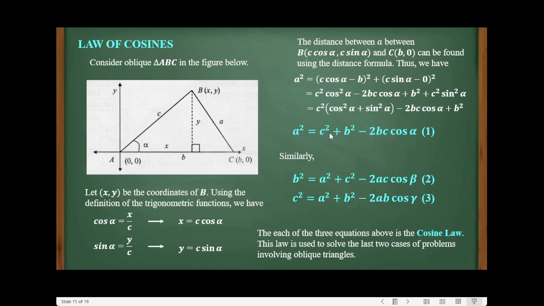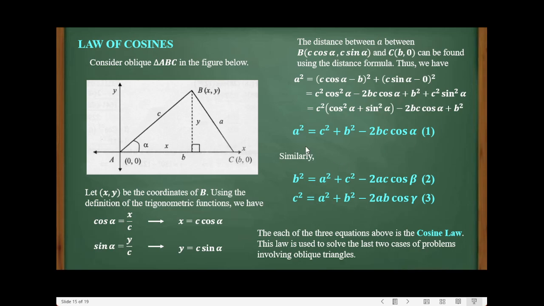Actually, any of these equations has only one interpretation. So if we interpret any of these three, the law of cosines states that in a triangle, the square of one side is equal to the sum of the squares of the other two sides minus twice the product of these two sides multiplied by the cosine of the included angle.